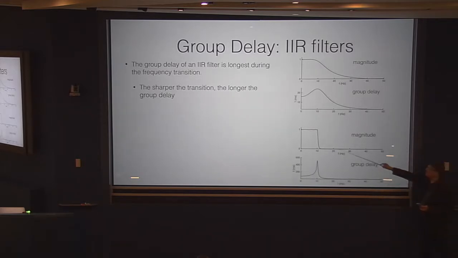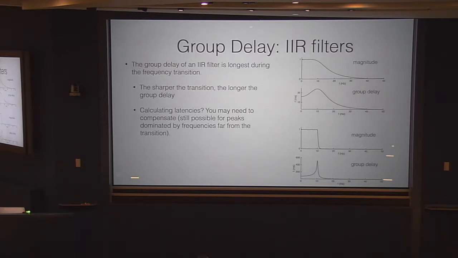This is the one that has a very, very sharp frequency transition. And the key thing to notice here is that we've gone from about 20 milliseconds to about 500 milliseconds because of the sharpness. So that's really terrible. And this is strongly related to the phenomenon of ringing. So if you're worried about group delay, then do not use very sharp frequency transitions.